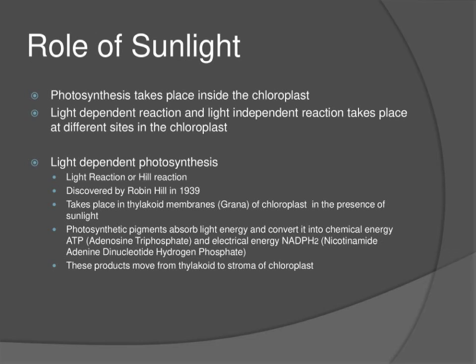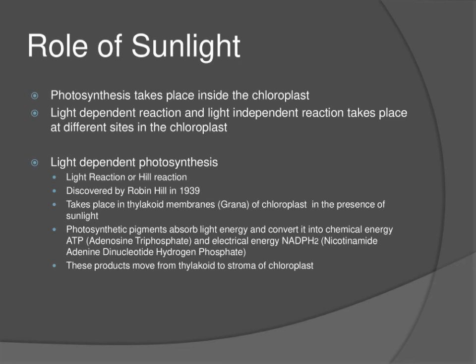The main thing is they convert solar energy into chemical energy and electrical energy, that is ATP and NADPH2, and it takes part in grana of chloroplast. After the conversion of sunlight into chemical and electrical energy, these molecules move from thylakoid to stroma of chloroplast.